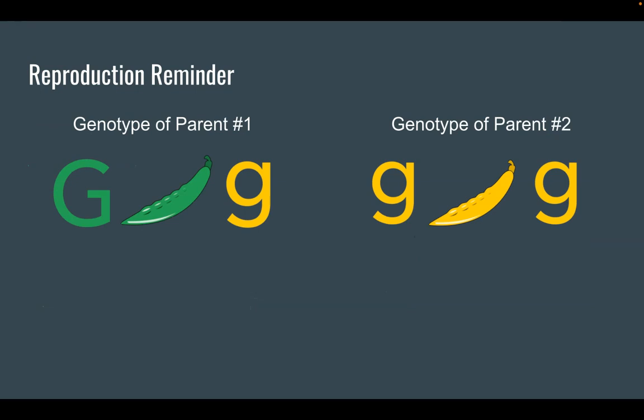In our first example, let's take a look at these two bean plants. You can see parent number 1 has a genotype of dominant G and recessive g, while the genotype of parent 2 is two recessive gs. We want to figure out what kind of offspring these parents would have.